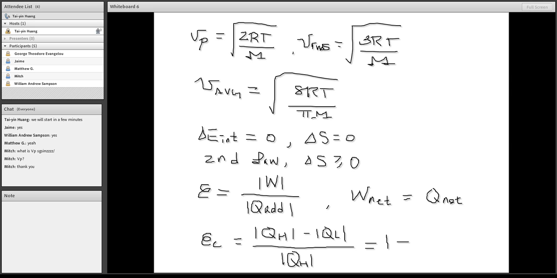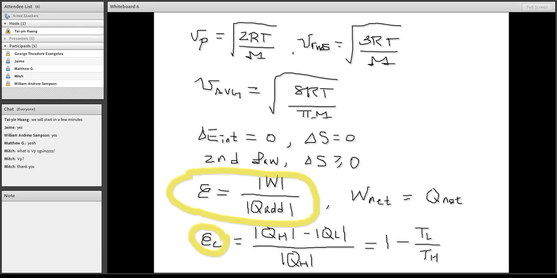So we have 1 minus the temperature of the lower temperature isotherm over TH, the temperature of the high temperature reservoir. So it's 1 minus TL over TH. This is only valid when you're dealing with a Carnot cycle. For any general engine, this is the equation to go by. This is when you're dealing with the Carnot engine.